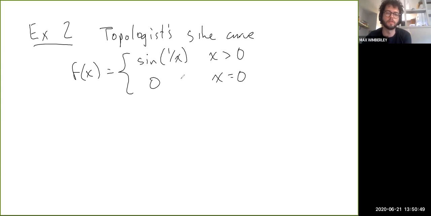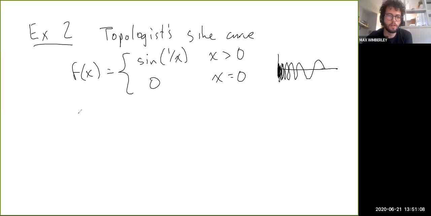I don't really care what it's doing anywhere else. So this one kind of looks like, it starts off like this, and then it starts to oscillate really fast around here. So it ends up looking kind of like that. You can find the graph online. There's a Wikipedia page about this too.